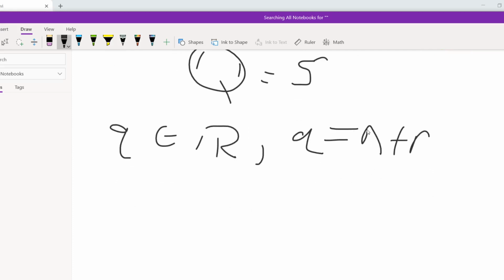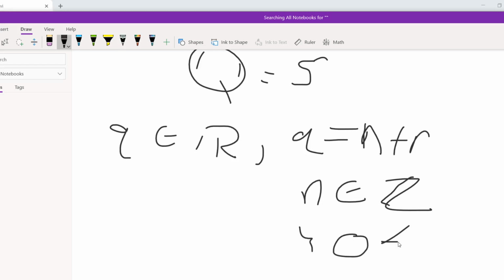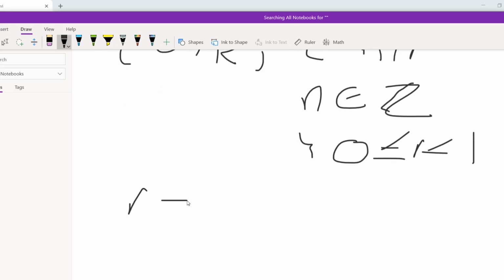And then you do need to know n is contained in the set of integers, and 0 is less than or equal to r, less than or equal to 1, right? So we're going to make the decimal expansion right now.